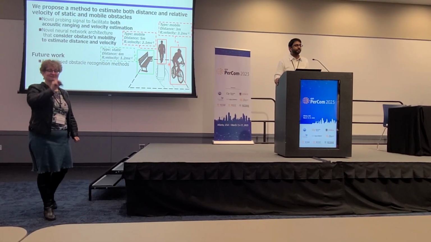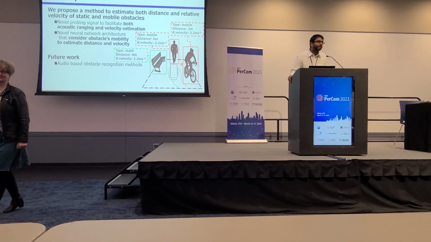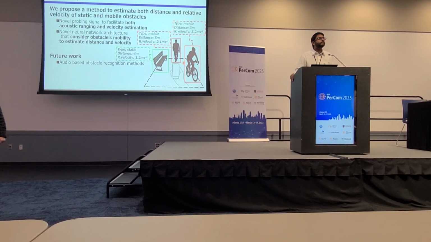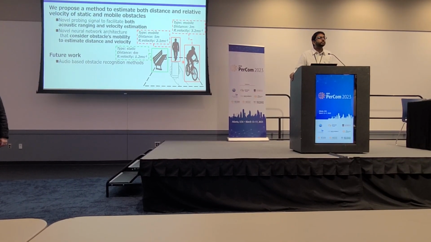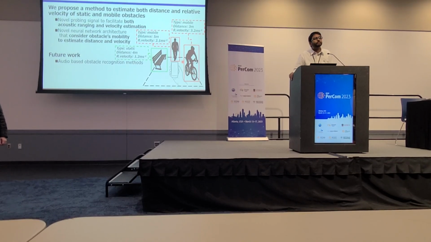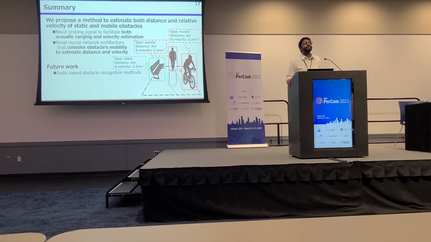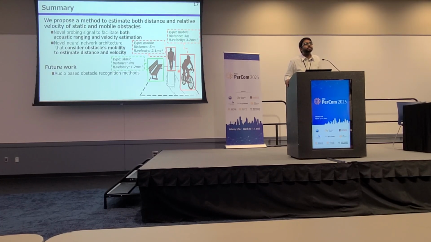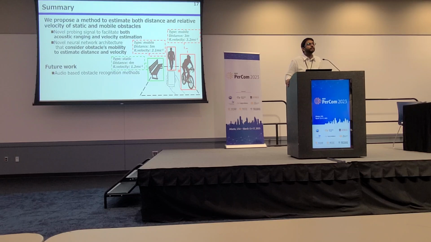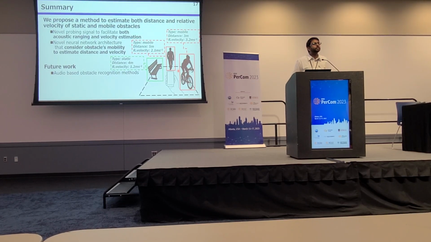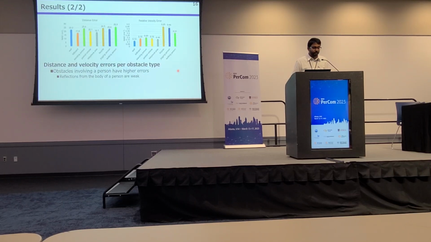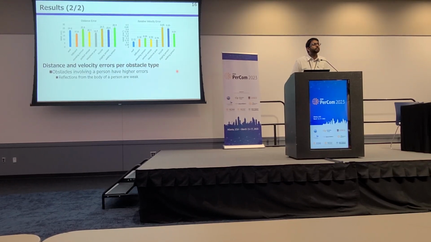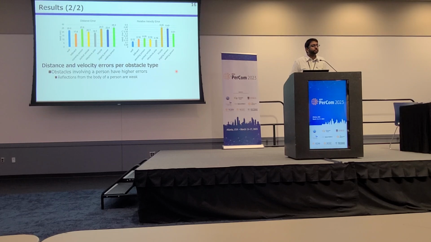Ashwin Ashok from the Stadium. Nice work. Thank you very much. You're using acoustic sensing, right? From your results, you showed that errors with humans are much higher than with other obstacles.